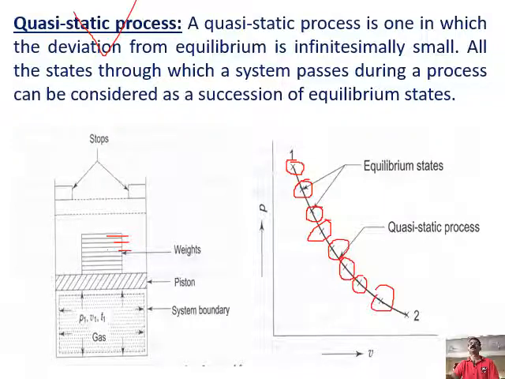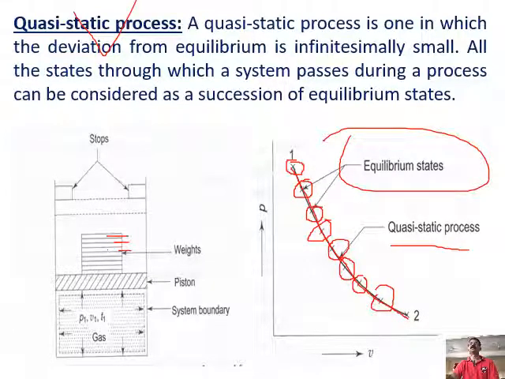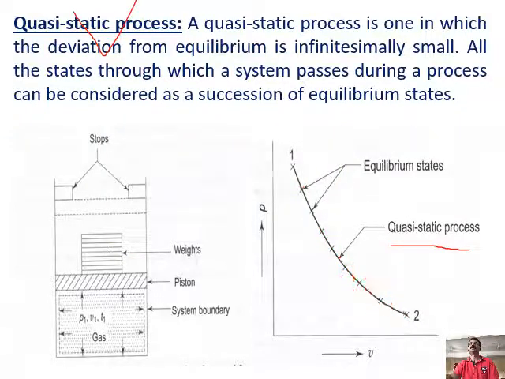You see, all these are equilibrium states, and when all the points are equilibrium states, the connecting path which represents that process is called the quasi-static process. So very, very important: in a quasi-static process, all the points will be equilibrium points.